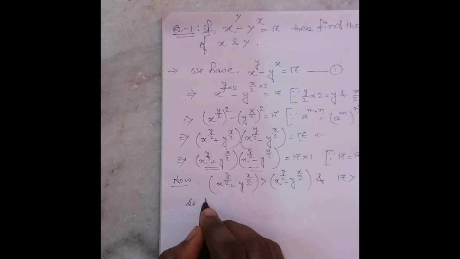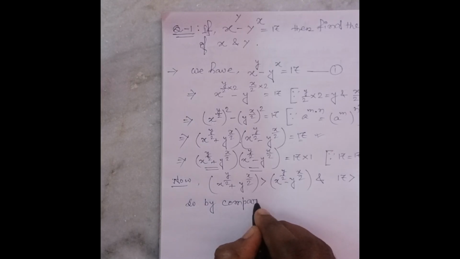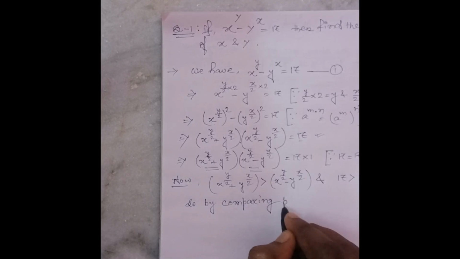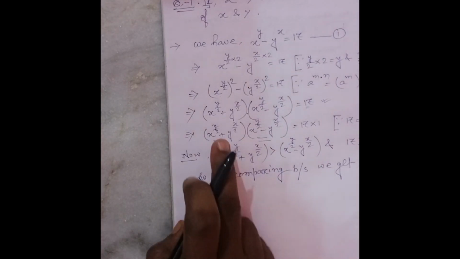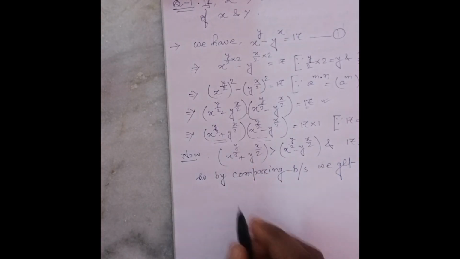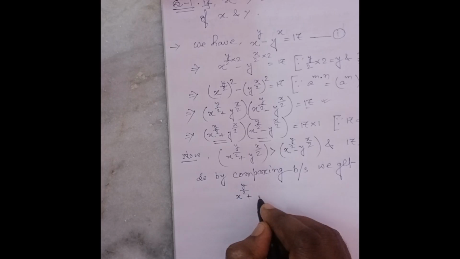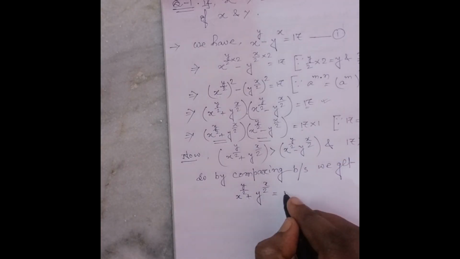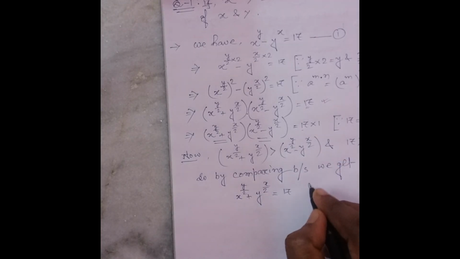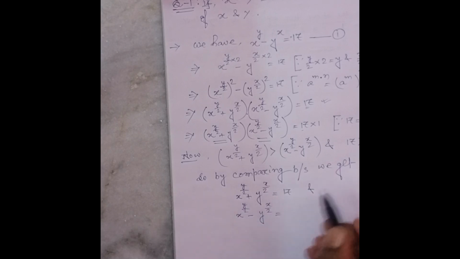By comparing both the sides, the bigger term is equal to the bigger one, and the lesser term is equal to the lesser one.